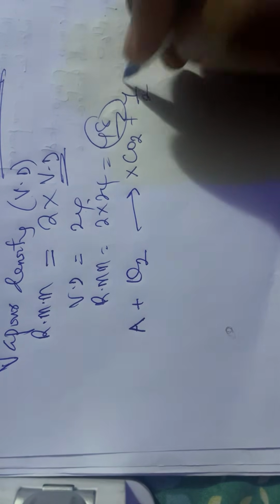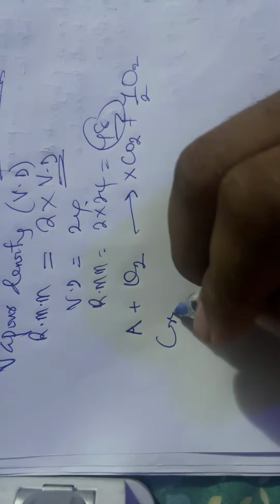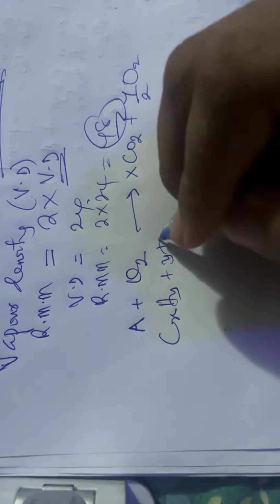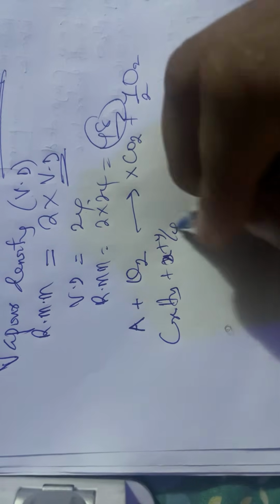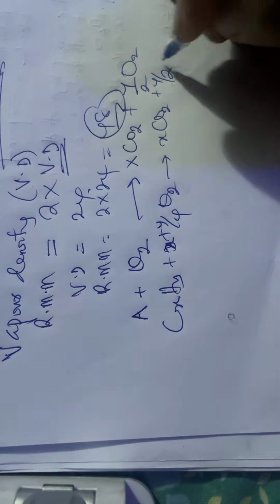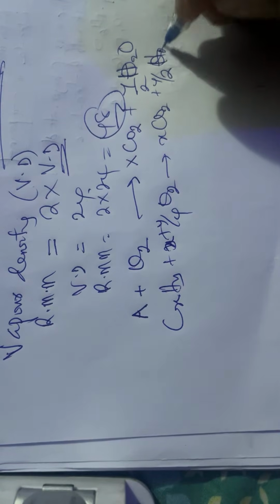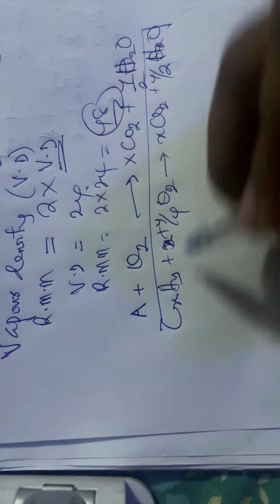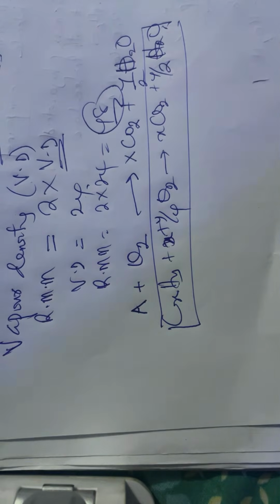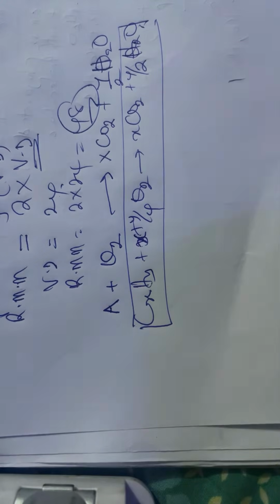So usually we have CxHy plus (x plus y over 4) O2 to give us xCO2 plus y over 2 H2O. This is called the combustion formula, but it's not what we are going to use. Just bear this in mind. You may come across this much later.